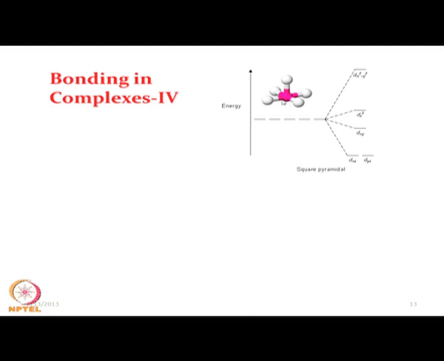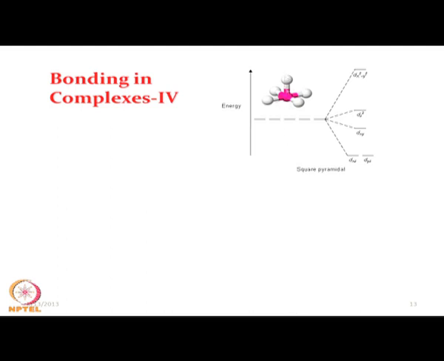Now, what is happening? We are just changing the particular axis, that means the z axis. So, instead of a double z out situation, this is a single z out situation from the octahedral compound. So, one of the ligands we are pushing from the metal-ligand distance to an infinite distance. So, we are just pushing it towards infinity.